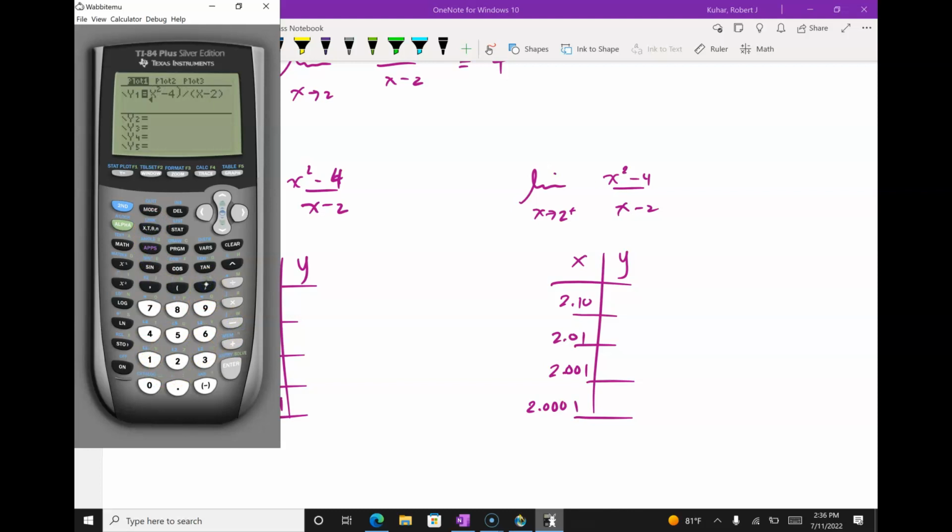I want to see the function, especially at the place I'm interested in the limit. So it helps to start with Zoom Standard, Zoom 6, and take a look at the function.